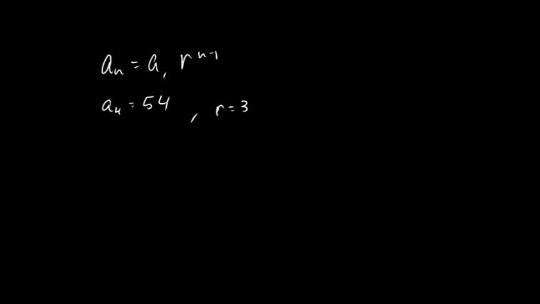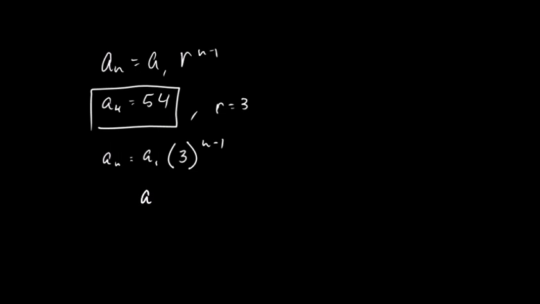So you plug in what you know. a sub n equals a sub 1, and my common ratio is 3, with n minus 1. But I am given this point, so that means if I plug in 4 for n, I should get 54 as a solution.